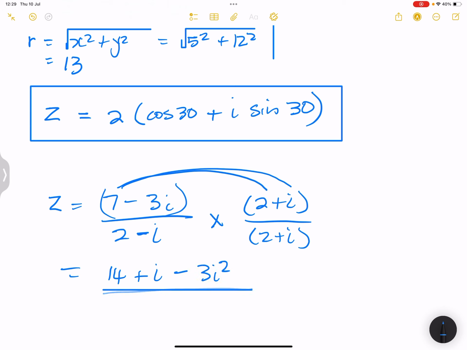This is divided by 4 minus i squared. And so that will be 14 minus 3 times a negative 1.